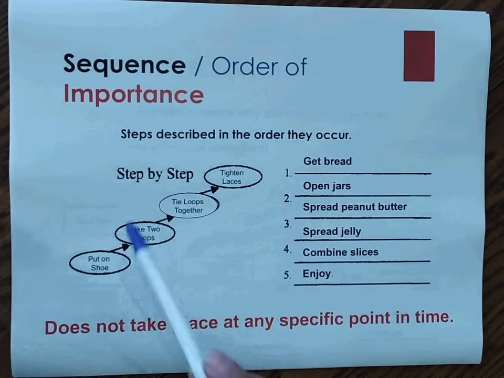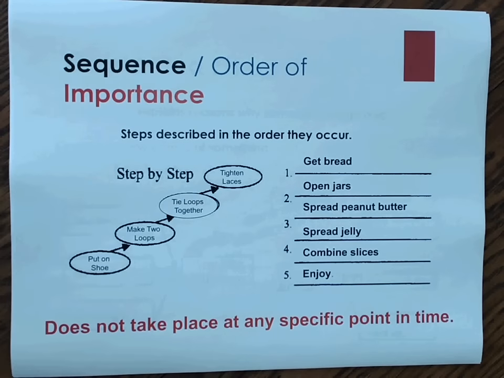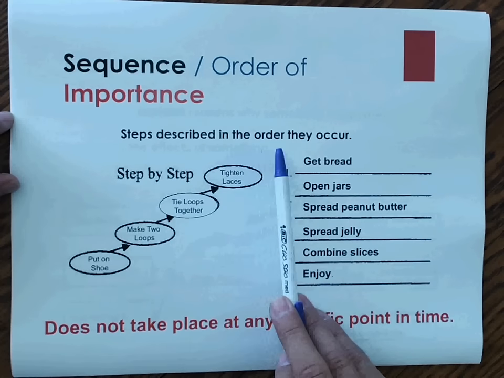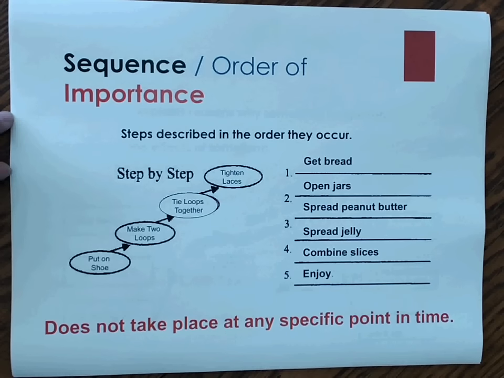The second one is sequence, or order of importance. You may even hear it called sequential order. Sequence is steps described in the order that they occur. If you told someone how to do something step by step, that's sequence. To tell someone how to make a peanut butter and jelly sandwich, you would say: first you get bread, then you open the jars, you spread the peanut butter on the bread, then you spread the jelly on the bread, you combine the 2 slices, and then you can eat it.